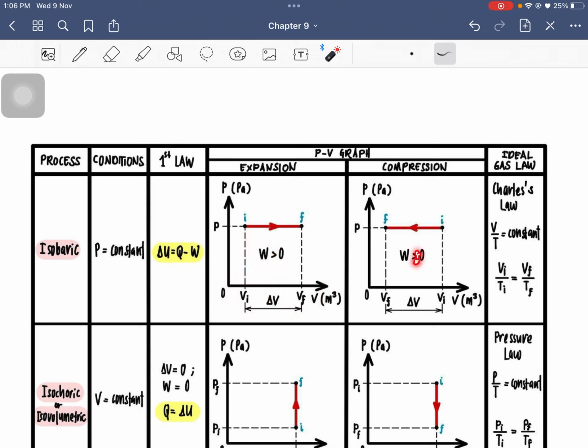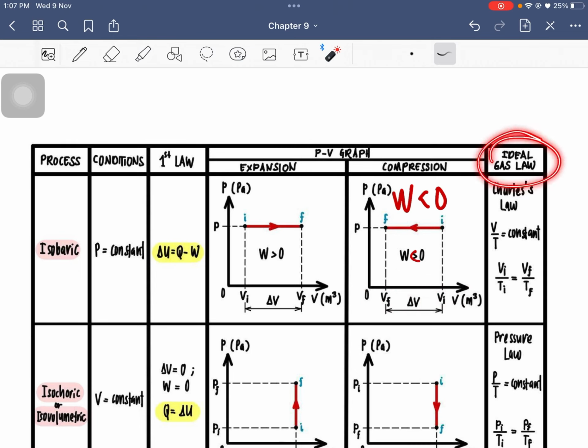When it is redone in reverse, it should be negative, so work is less than 0. It should be negative because it is being compressed, so its final volume is smaller than the initial volume.